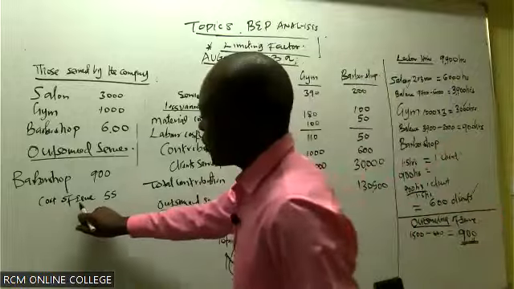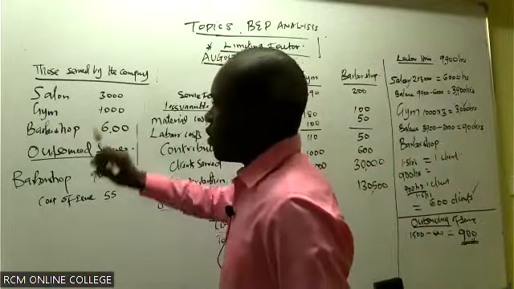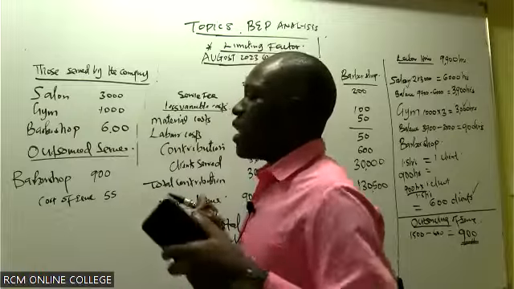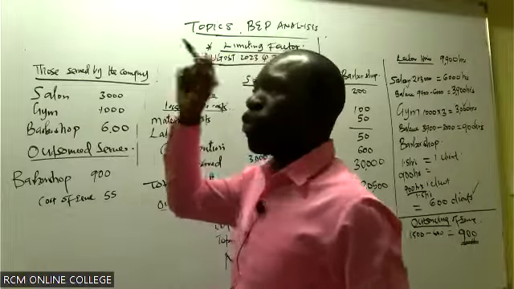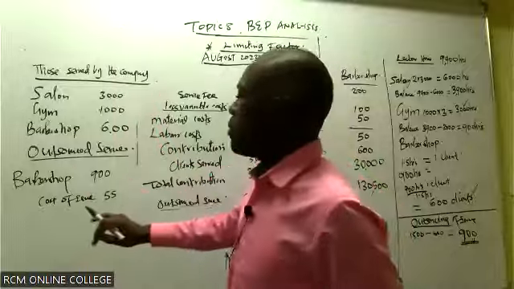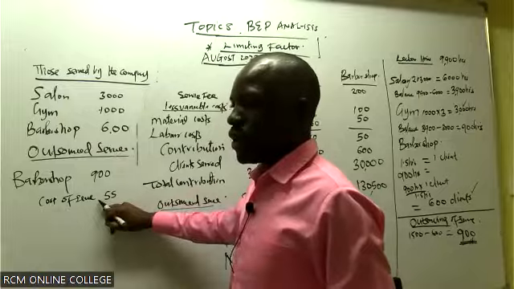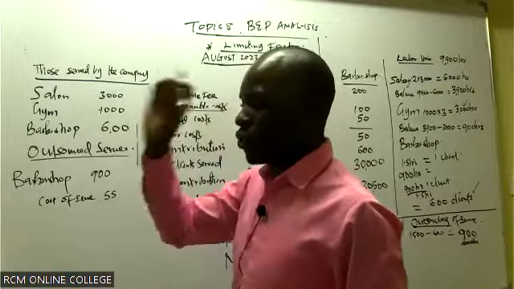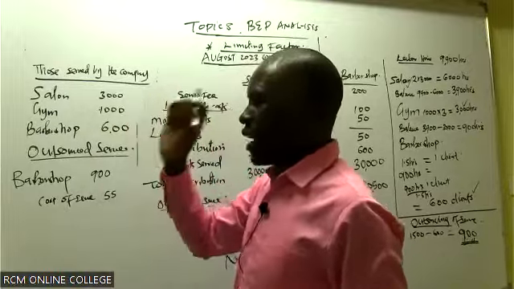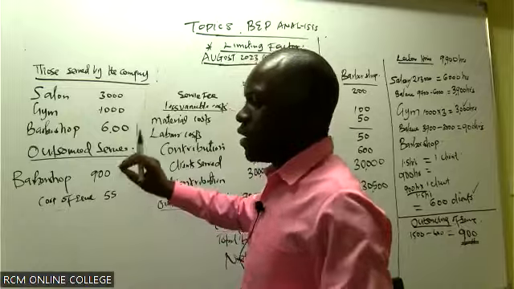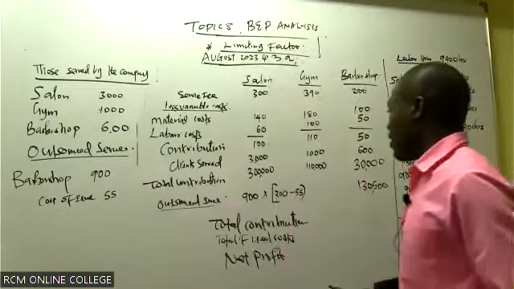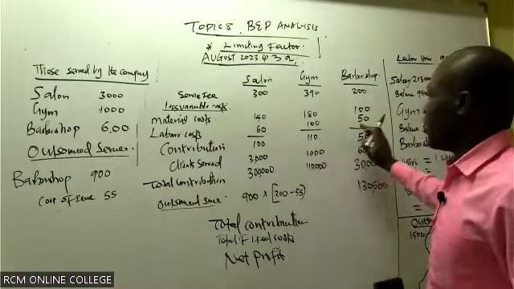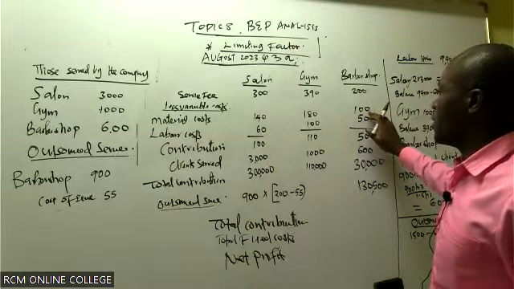The cost of outsourcing this service, whoever was giving you this service or offering it on your behalf, went to pick it from the store. At the store, he was sold at 55. Do we understand each other? Where did he go to pick it? At the store. And at the store, he paid 55 so that people offer your service. Now, if they were going to offer that service in-house, they would have a variable cost of 150.